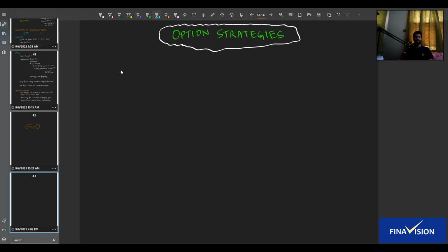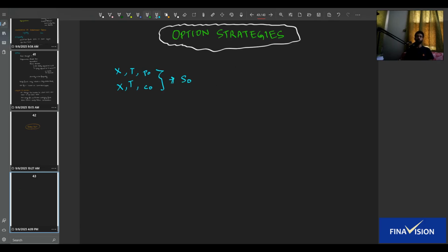Let's say there is a put option with a strike price of X and a maturity of time T and a premium of P0, and there is a call option of again maturity time T, strike price X and premium C0, and these two options are on the same underlying which has a current price of S0, right?